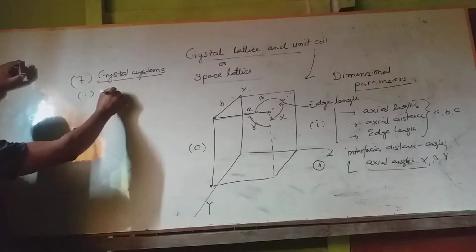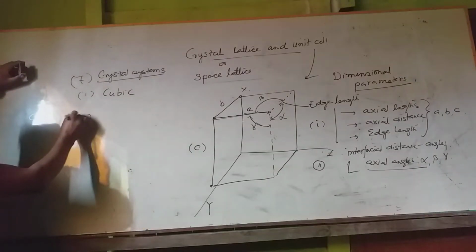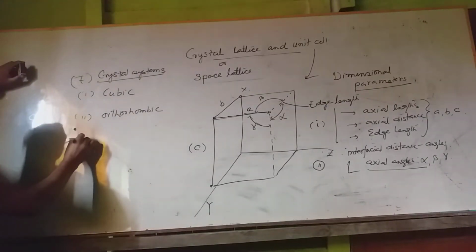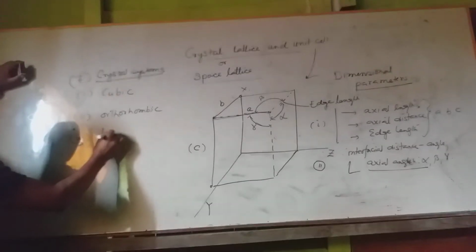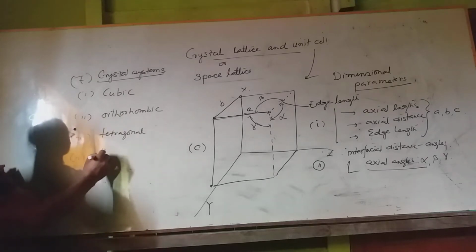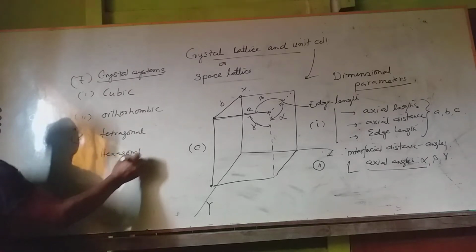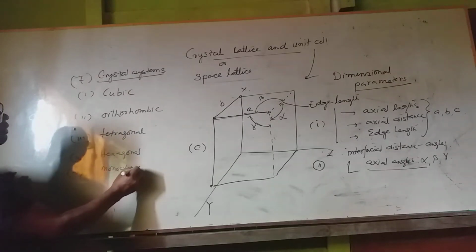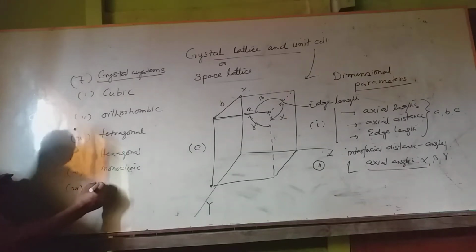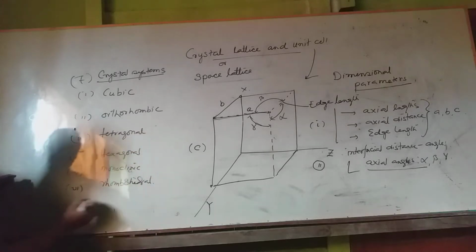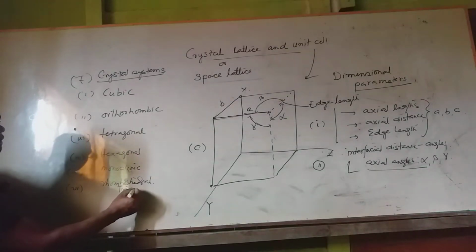Now I start to write. Number 1 is cubic, number 2 is orthorhombic, number 3 is tetragonal, number 4 is hexagonal, number 5 is monoclinic, number 6 is rhombohedral, which is also called trigonal.